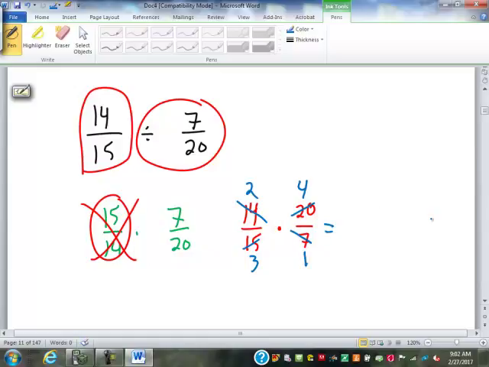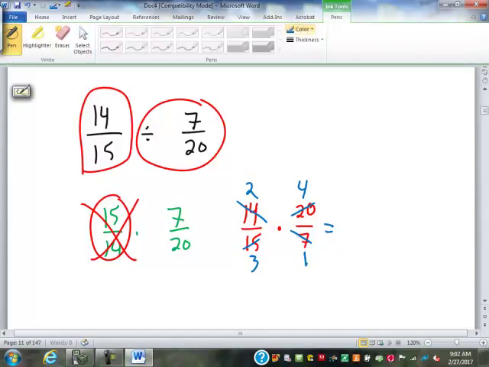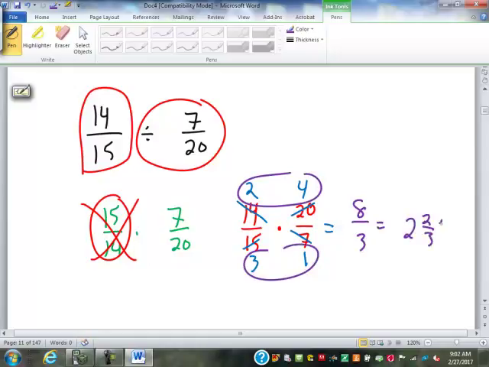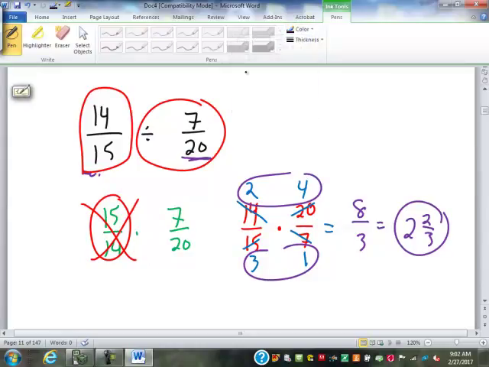Perfect. 14 and 7 both divided by 7 to give me 2 and 1. And now just multiply across. 2 times 4, 8. And 3 times 1 is 3. And of course, that is 2 and 2/3. Again, I was dividing by something smaller than what I started with. 14/15 is almost 1. So I'm expecting to get something larger than what I started with. Larger than 1 in this case.